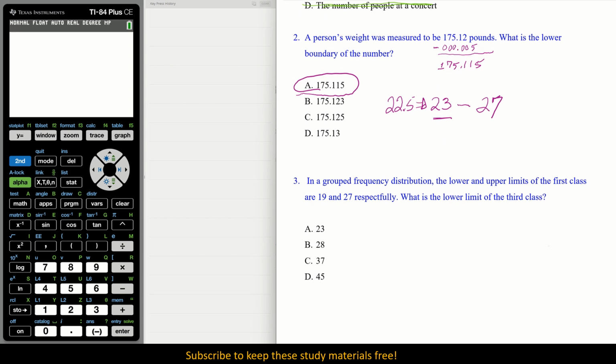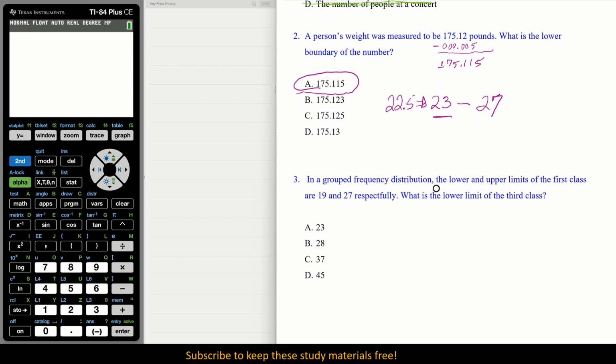Now let's look at number 3. In a grouped frequency distribution, the lower and upper limits of the first class. That's what I was saying: this is a limit and this is a limit. It would not be a boundary.